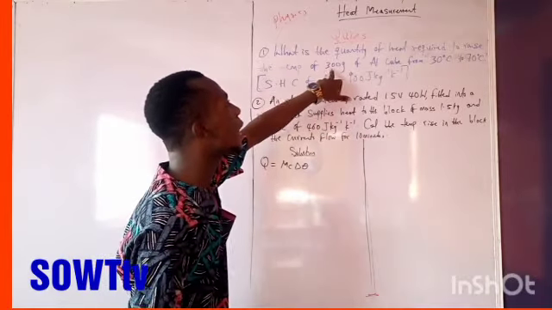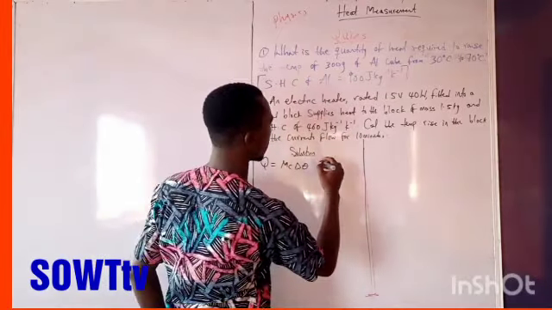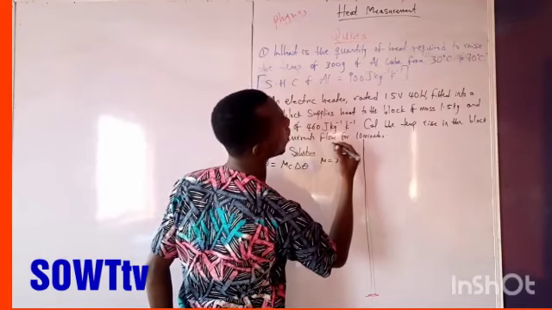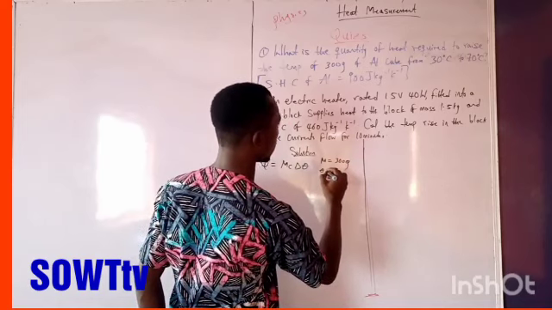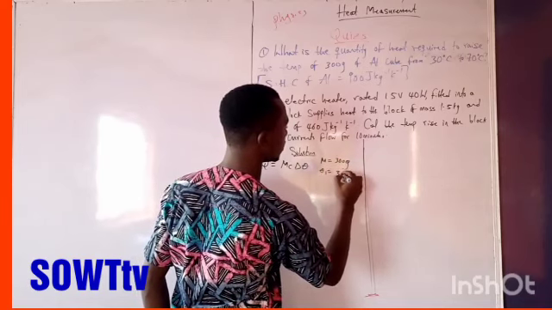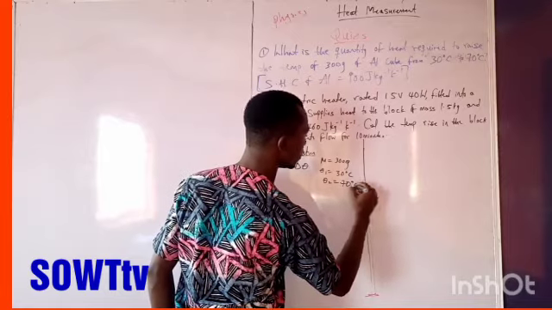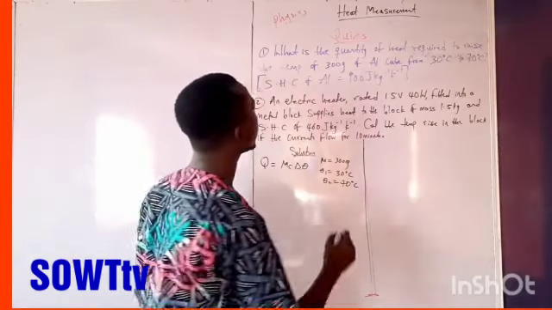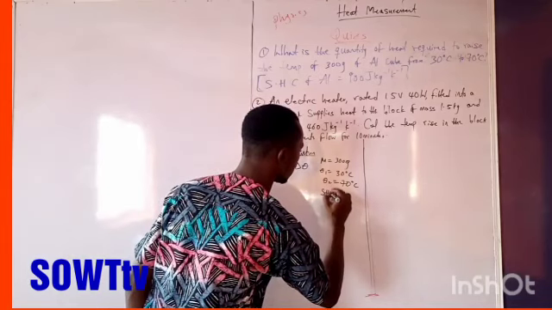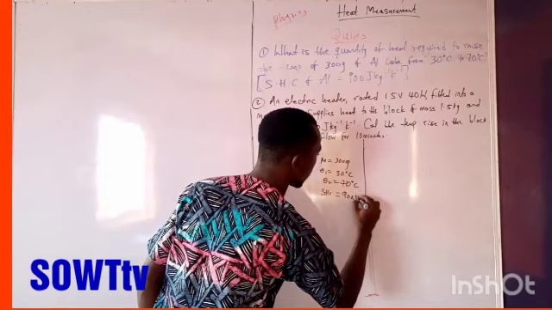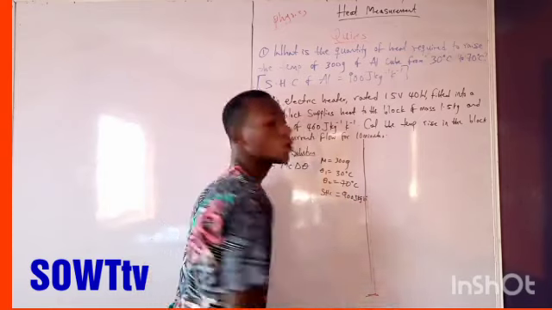We have been given, let's write the parameters, M equal to 300 grams, and then we have theta 1 to be 30 degrees Celsius, and our theta 2 to be what? 70 degrees Celsius. And then we have the specific heat capacity of aluminium to be equal to 900 joule per kilogram per Kelvin.